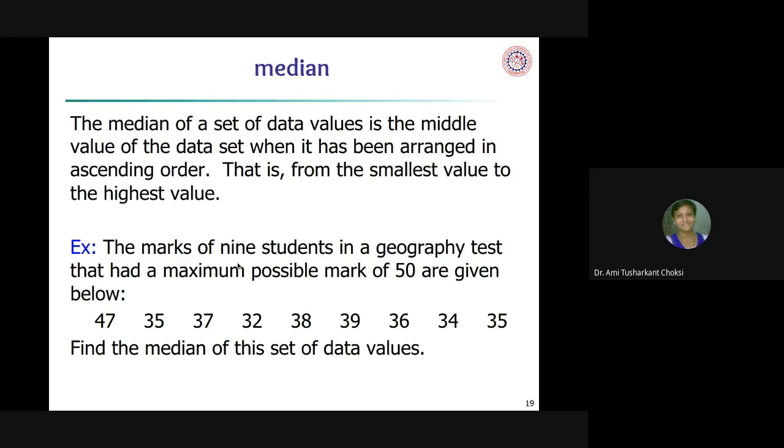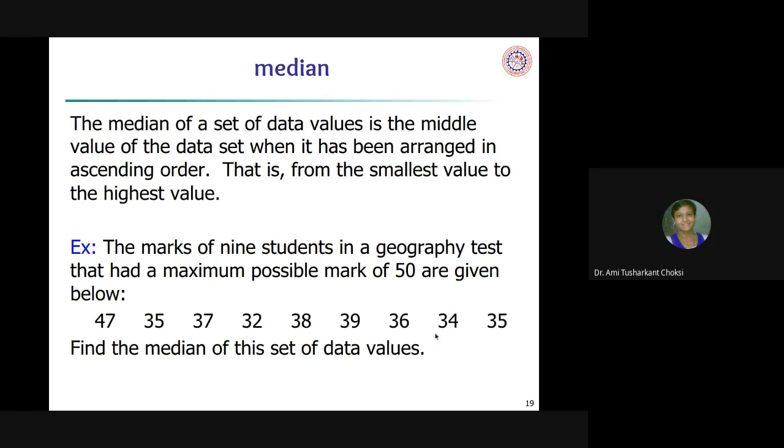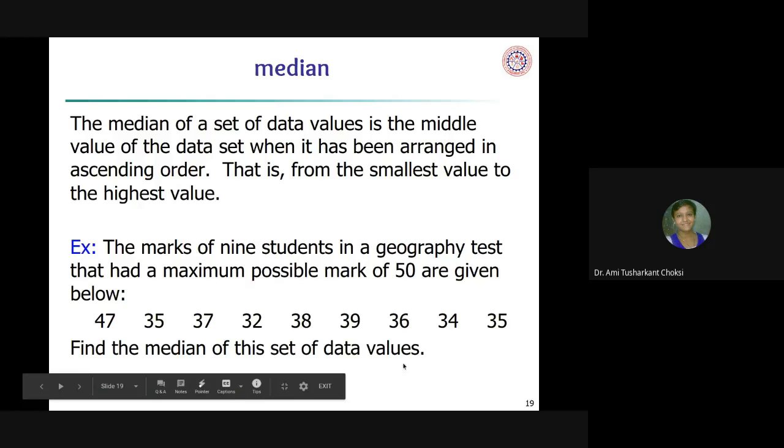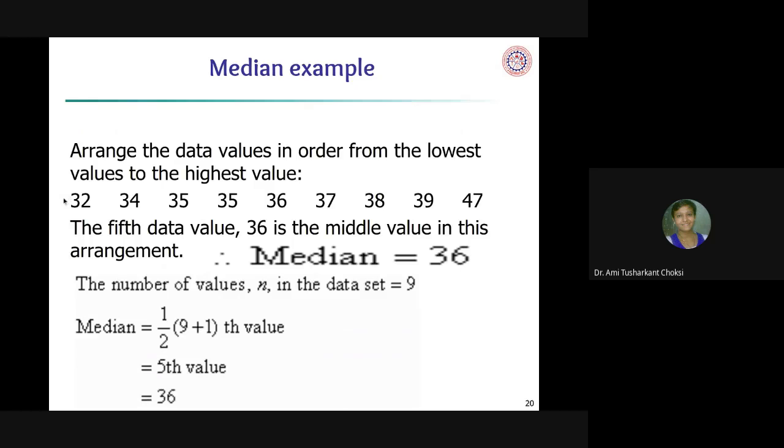If the marks of the students are given here and we want to find the median, see, this is not the sorted data, isn't it? 47, 35, 37, 32. You can understand that it is not sorted data, right? So we have to first sort the data in ascending order. This is sorted data in ascending order.